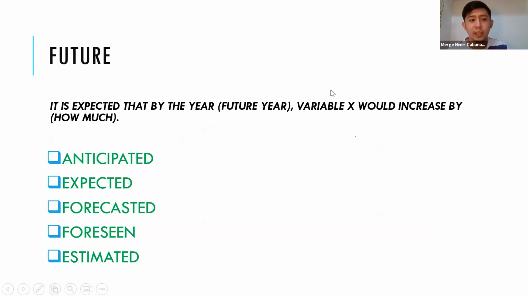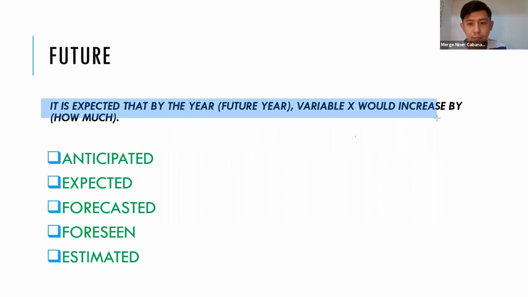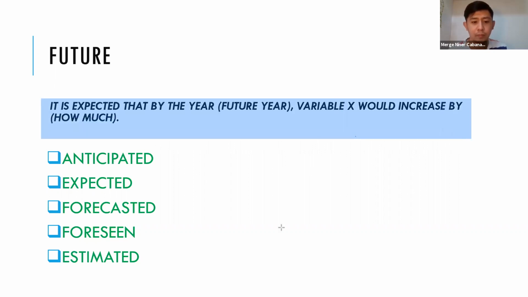that we use this particular sentence, okay? It is expected that by the year, how much, or by the year future? For instance, let me go back on my previous slide.